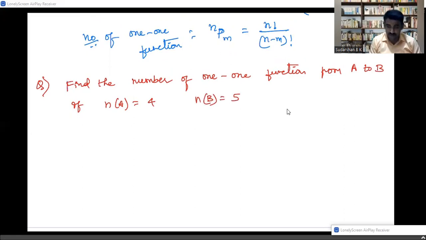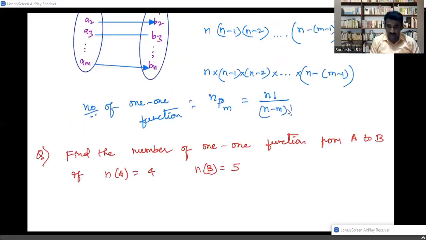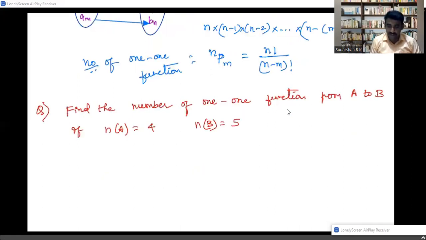Okay, so what is the formula? The formula is nPm.